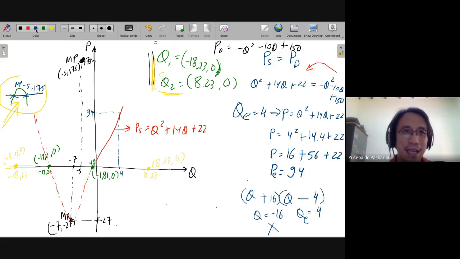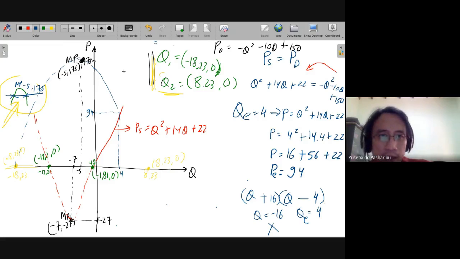So I can draw the second one like this. It goes to the maximum point using a dash, because this is in the negative quadrant, so we will not use it. And then it goes down here, and from here we can draw it again like this.